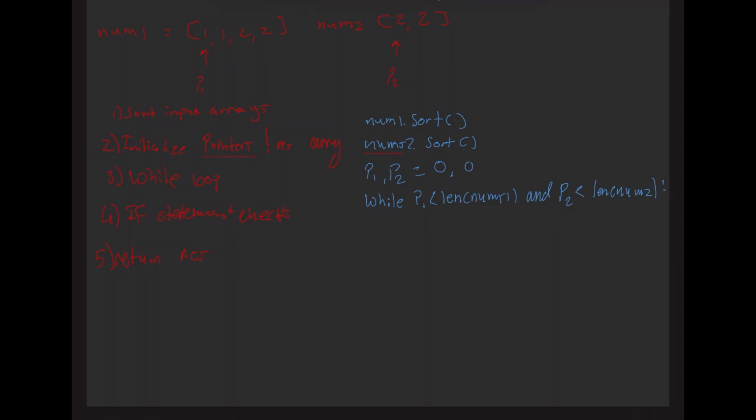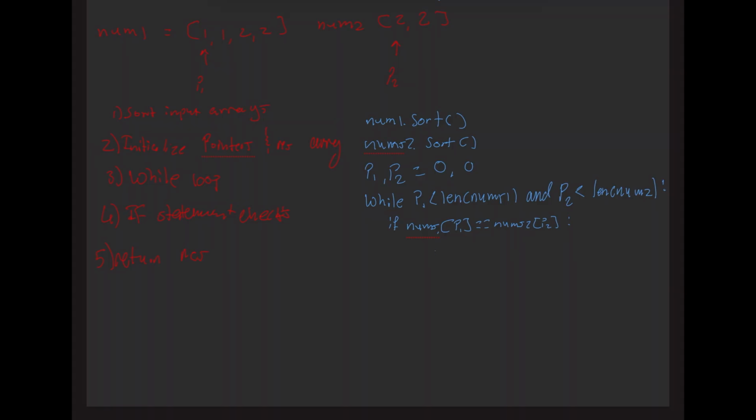Perfect. We're going to check first if nums of 1 at P1 is equal to nums of 2 at P2. And so at this point we have found a match.